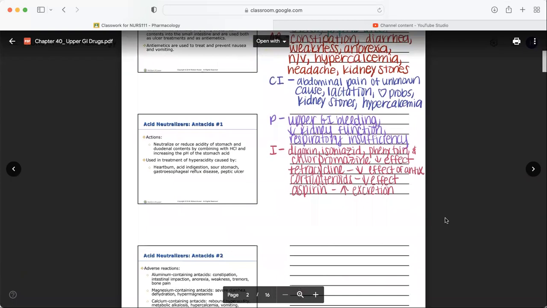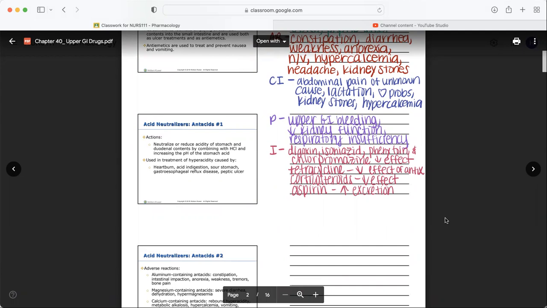If you're lactating, if you have heart problems, if you currently have kidney stones, or you currently have high levels of calcium in your blood, this is not the med for you. We want to be careful in clients that have upper GI bleeding, decreased kidney function, or any type of respiratory insufficiency. Interactions include digoxin, isoniazid, phenytoin, and chlorpromazine.